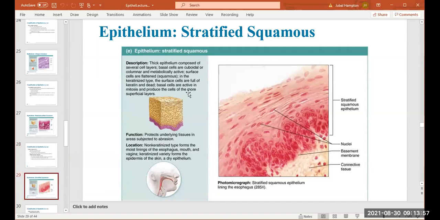So here we have stratified squamous epithelium, an example of the skin. This one is non-keratinized, and looking at the photomicrograph, you see the nuclei all the way up near the surface. Here we can see that this is not keratinized because in a keratinized example, there would be no nucleus.